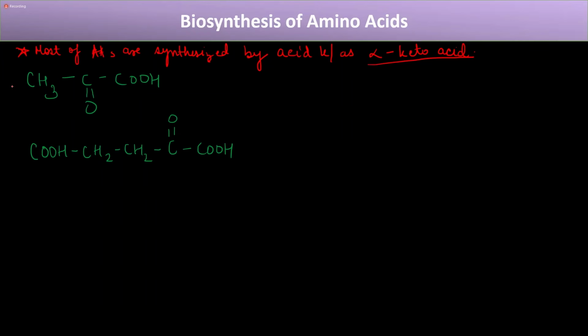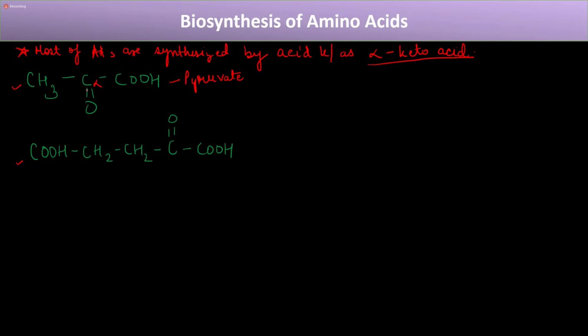For example, here we are seeing two alpha keto acids. The first one is pyruvate. Here, the first C, on which the functional group is attached, is known as the alpha carbon, right?